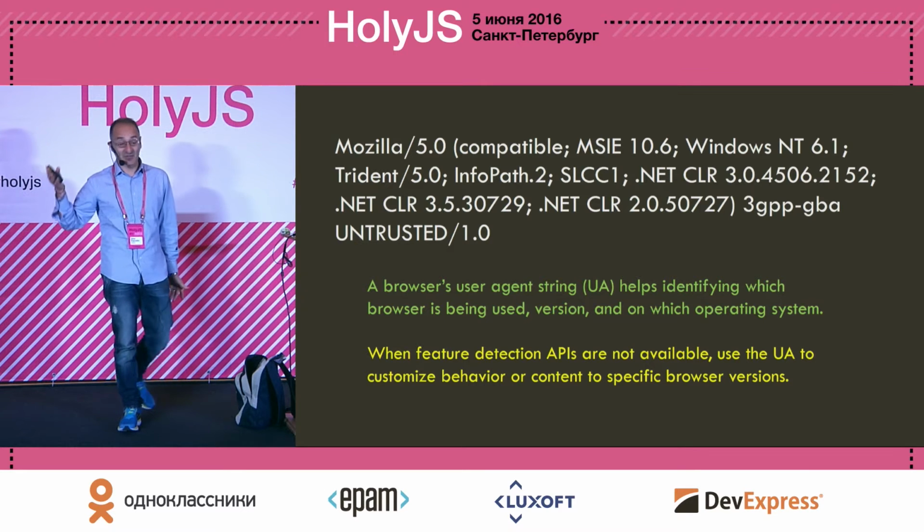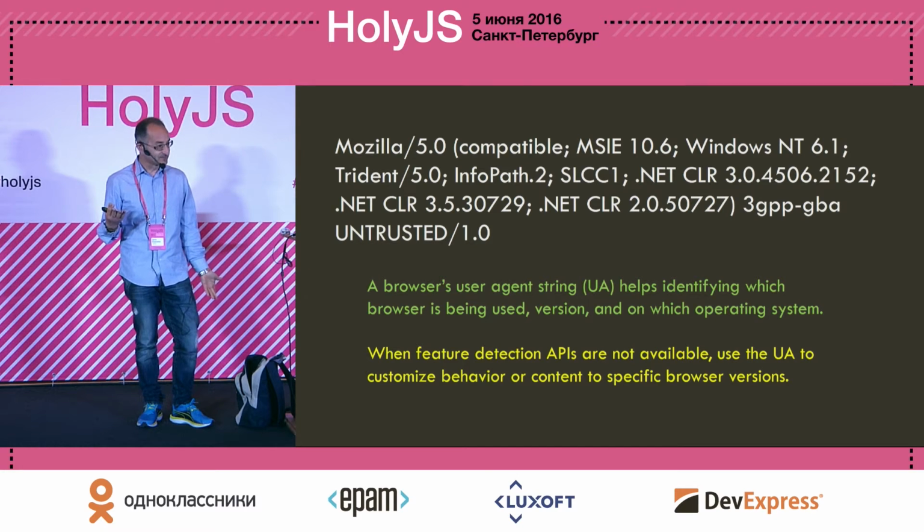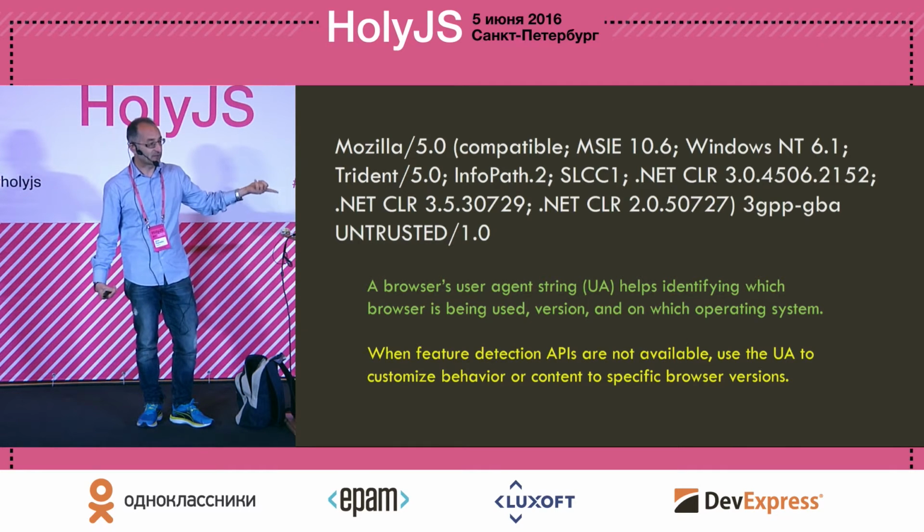Or you get something like Android. Android what? Even if you have the version number of the operating system, it doesn't tell you anything about whether it's a smartphone running that version of Android or a tablet or whatever else.